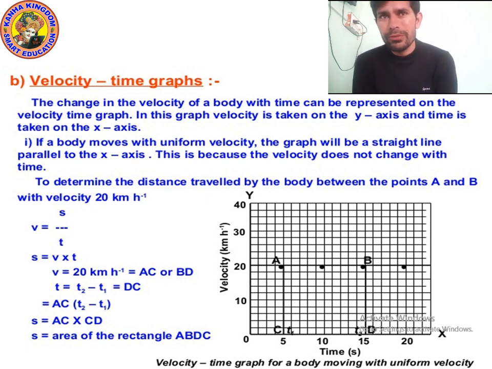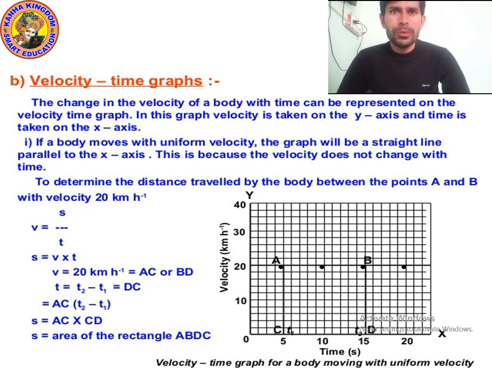We know the value of v is given, 20 kilometer per hour, which is equal to AC. AC is parallel to BD, so both will be equal. And time will be T2 minus T1, which is DC, equal to AB.